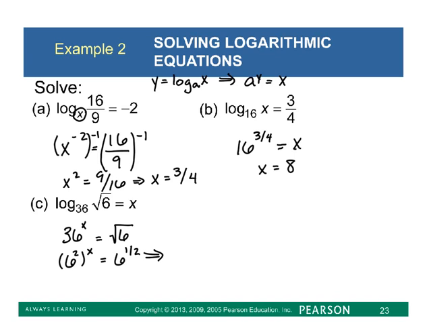So this here is equal to 6 to the 2x equals 6 to the 1/2. Now set our exponents equal to each other. 2x equals 1/2. And solve for x. Our x is going to be equal to 1/4. And we are done.